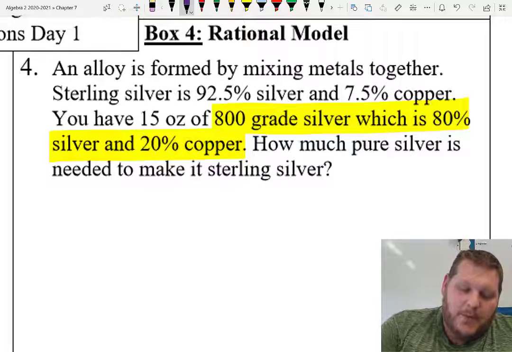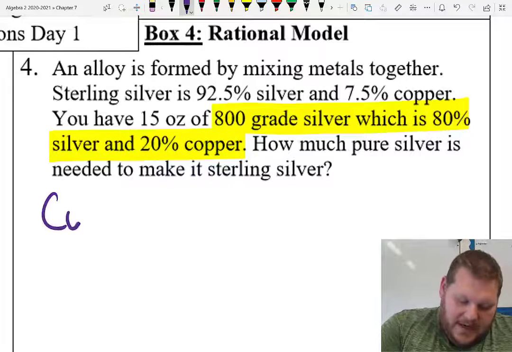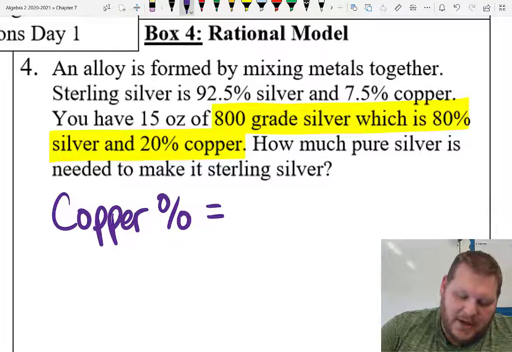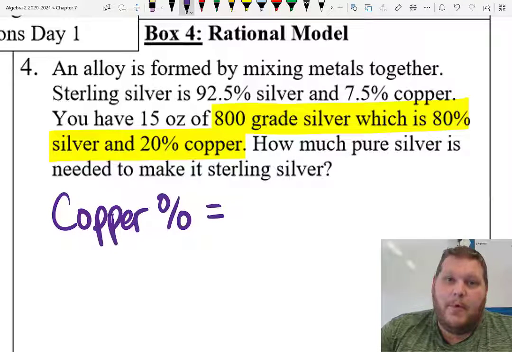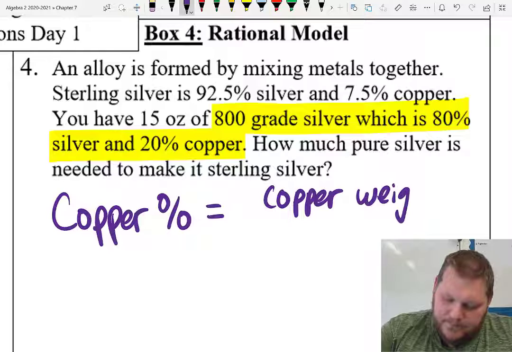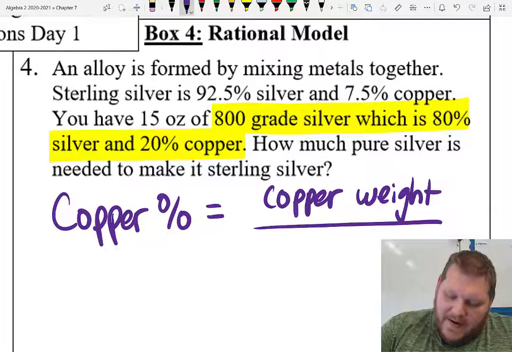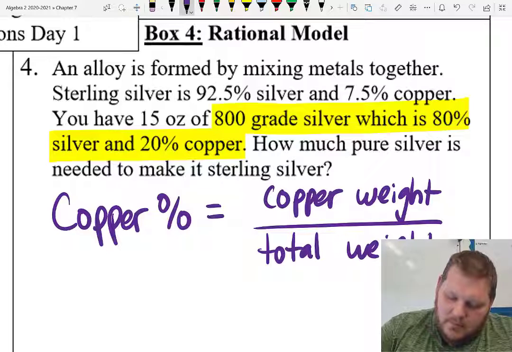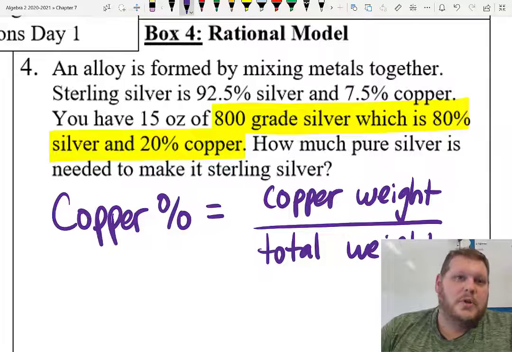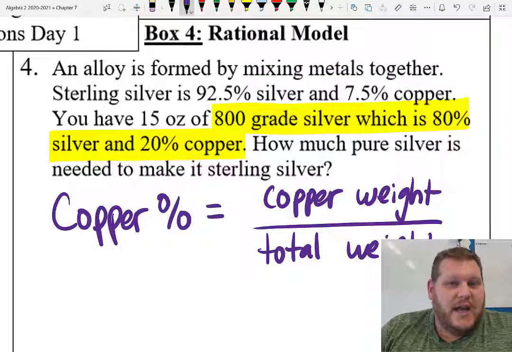So the way that we figure out percentages in general, the way we would figure out the percent of copper in a mixture is how much copper we have, so the copper weight, and we would divide that by the total weight. If we know how much copper is in a mixture, and how much mixture there is total, just the copper divided by the total will give us our percentage of copper.